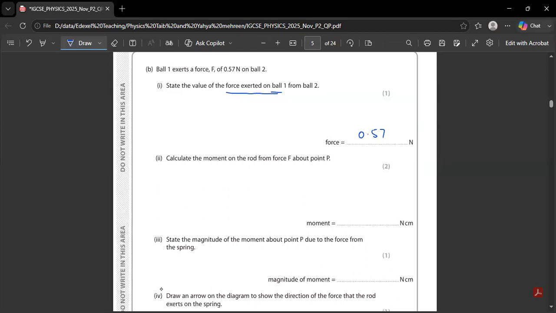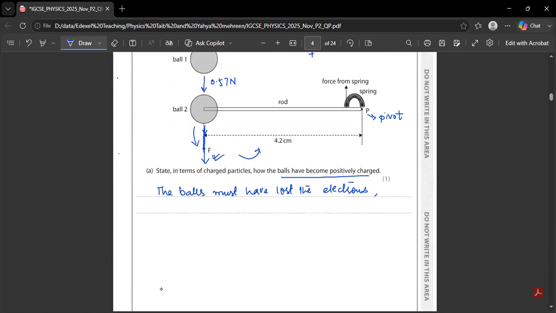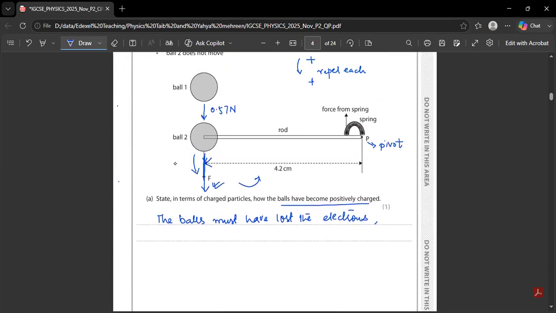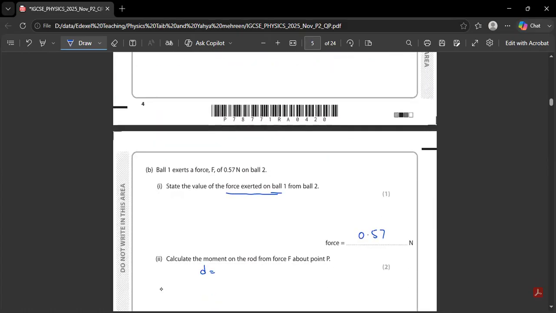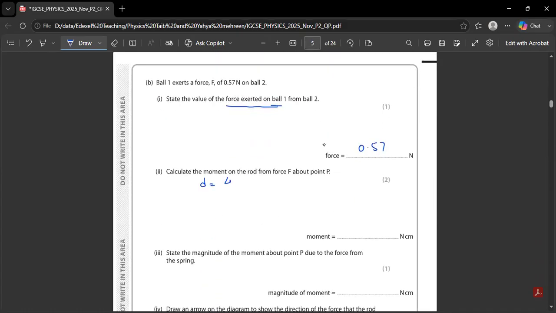Calculate the moment on the rod from F1 about P. So, what is the perpendicular distance? What is the value of perpendicular distance? It is 4.2 centimeter, right?